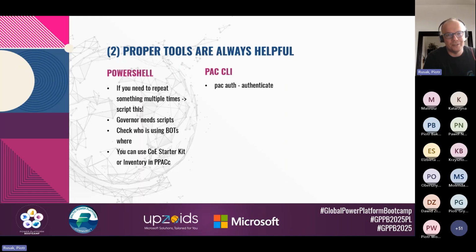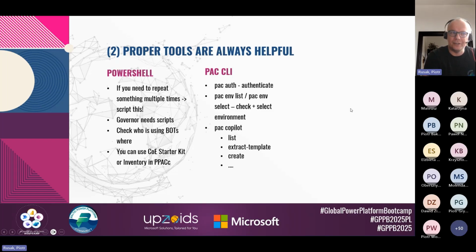A very important command is to authenticate yourself to prove that you are eligible to use some commands. Then you can list your environments, because it might happen that you have a dozen environments in your tenant, so you need to be careful and be sure that you work with the appropriate environment.